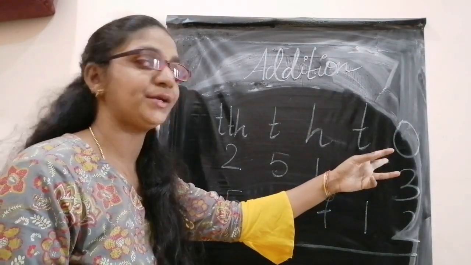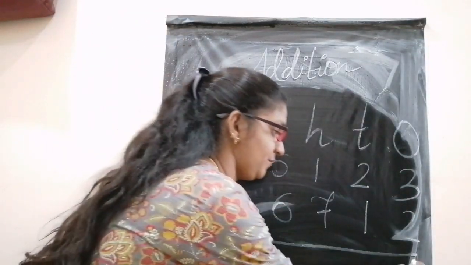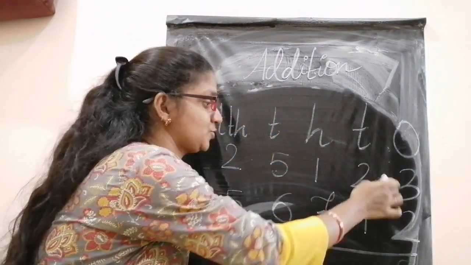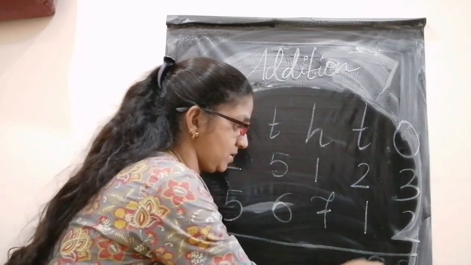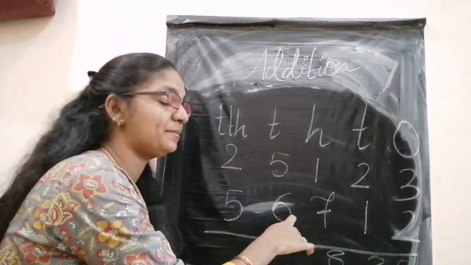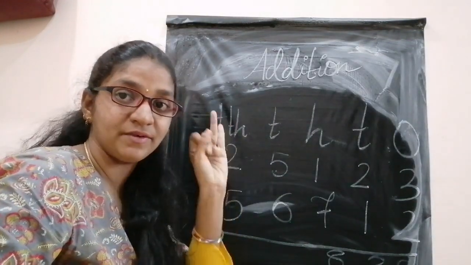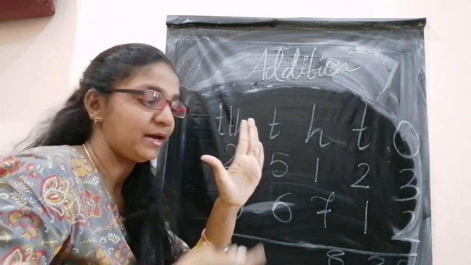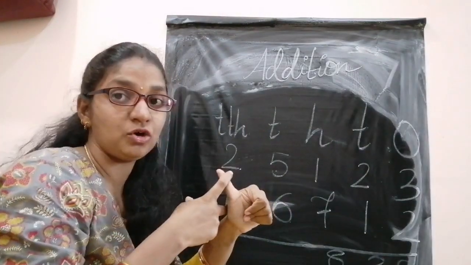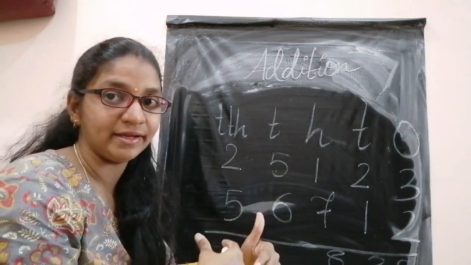First we have to do the addition from the ones place as usual. So what is 3 plus 2? It is 5. And next 2 plus 1 is 3. 7 plus 1 is 8. Next 5 plus 6: 6, 7, 8, 9, 10 and 11. So it is more than 10. So what we have to do? We have to do carrying.